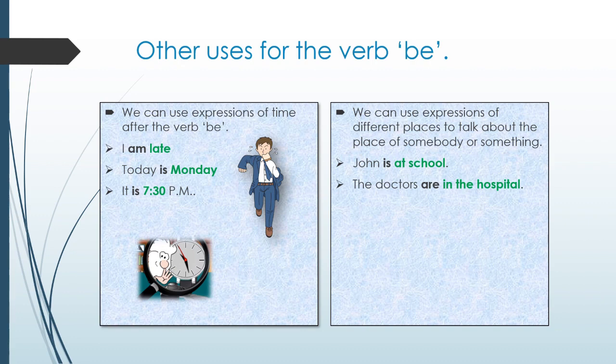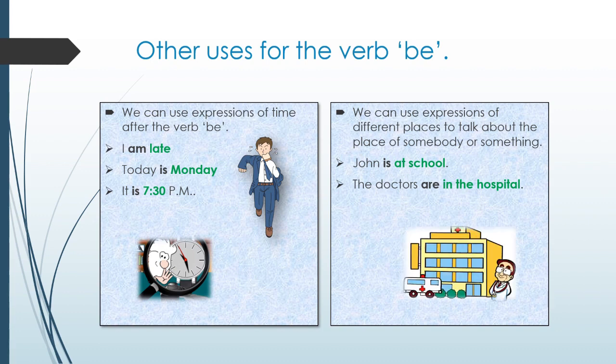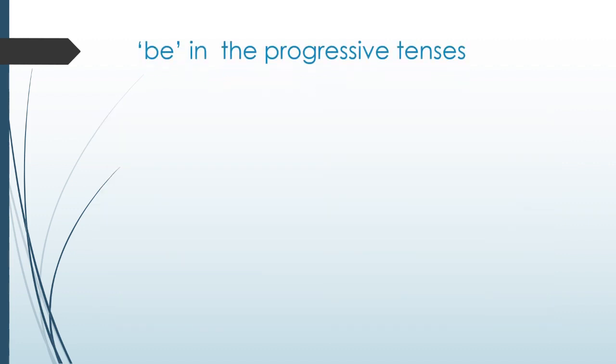The doctors are in the hospital. Also here we have in as a preposition and the hospital, which is the place. The last example, my brother is at work. At work. So until now we have seen 4 uses for the verb be with nouns, adjectives, places, and time.